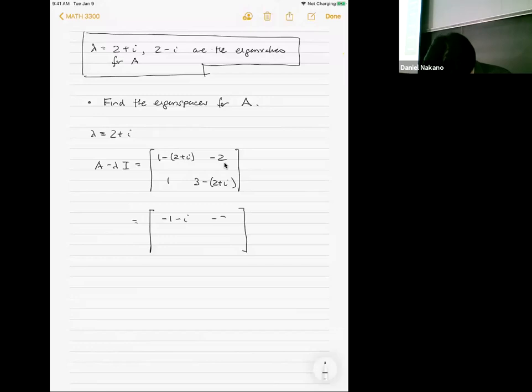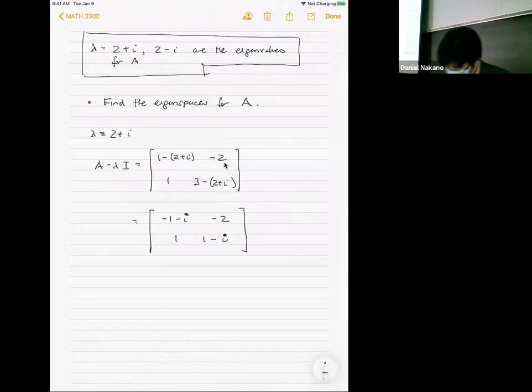I got minus 2 here, and I get a 1, and I get 1 minus i. Make sure you don't confuse i's and 1s. Maybe I should dot the i's a little bit more, sort of bold.